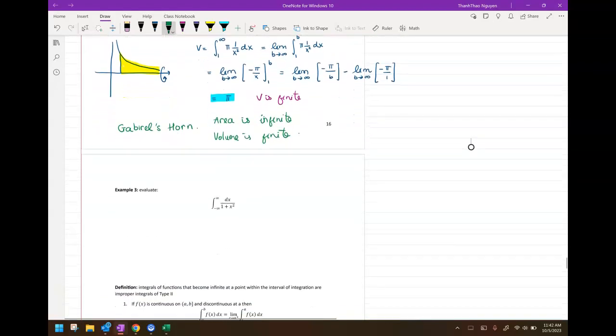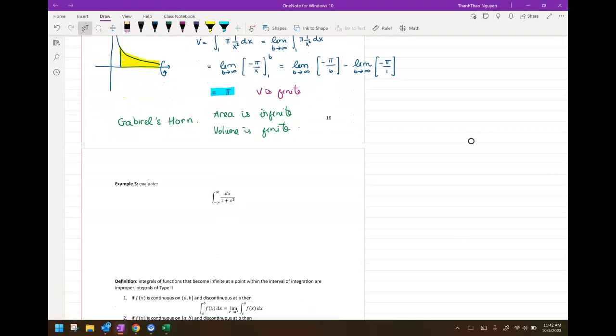Let's evaluate the integral from negative infinity to infinity of dx over 1 plus x squared. I first will break this integral into two pieces: the integral from negative infinity to 0 of dx over 1 plus x squared plus the integral from 0 to infinity of dx over 1 plus x squared.